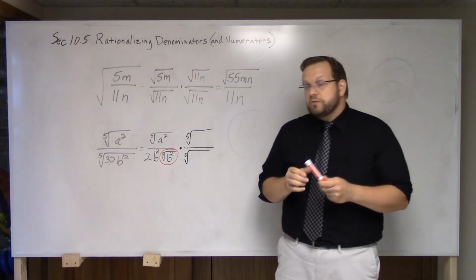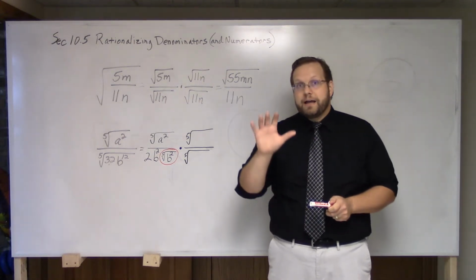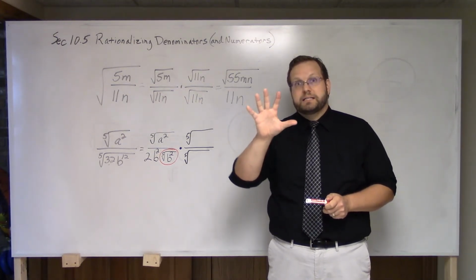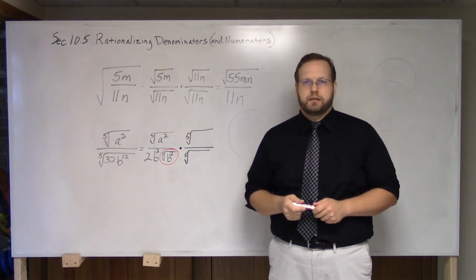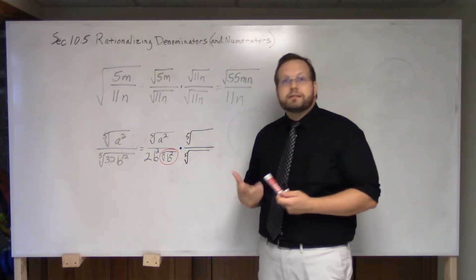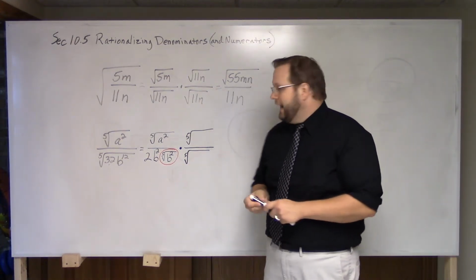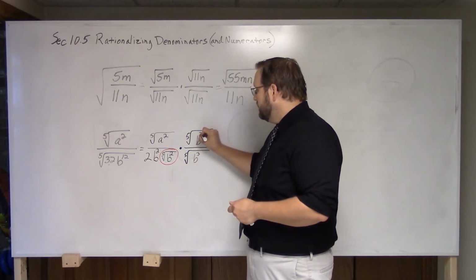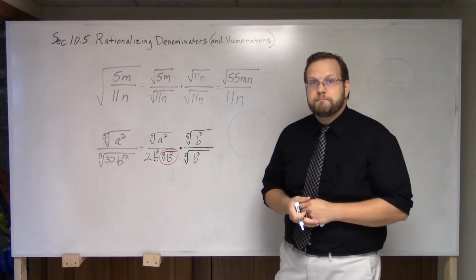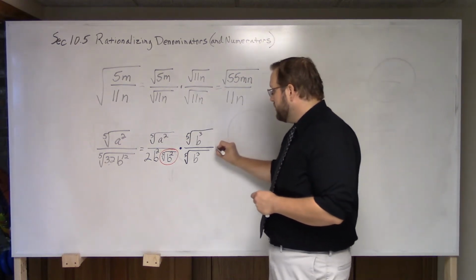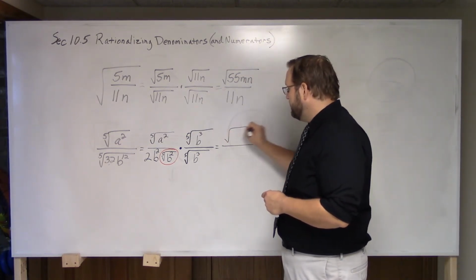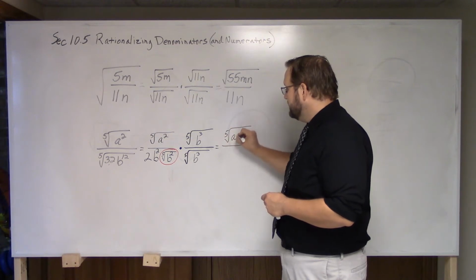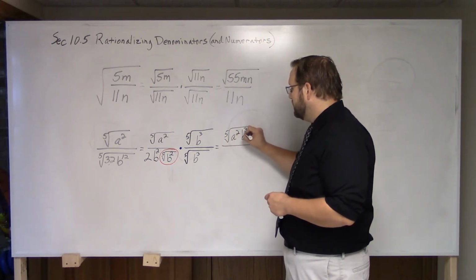Now, in order to do that, I need to make sure I have 5 of something, because then that's a fifth root. It'll come out nicely. If I already have 2 b's, how many more do I need? I need to have fifth root of b cubed. Now that numerator is nice because it's just a fifth root of a squared b cubed.